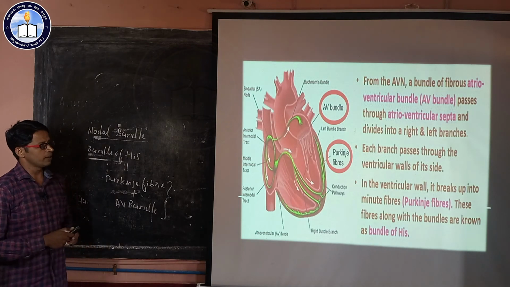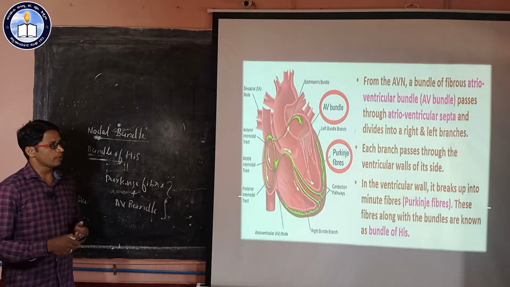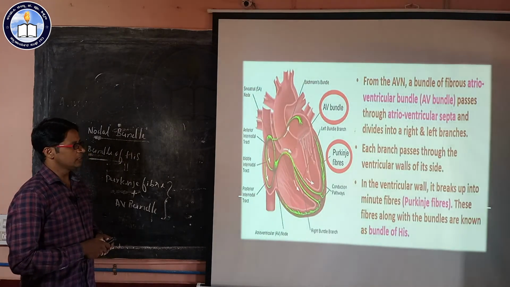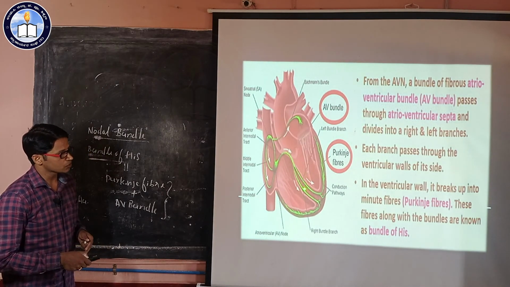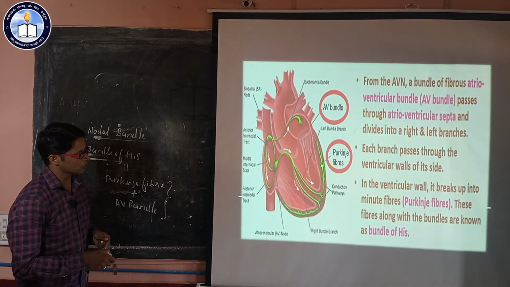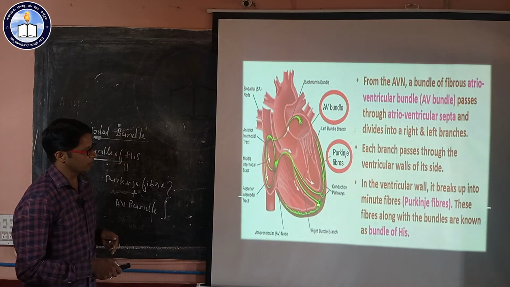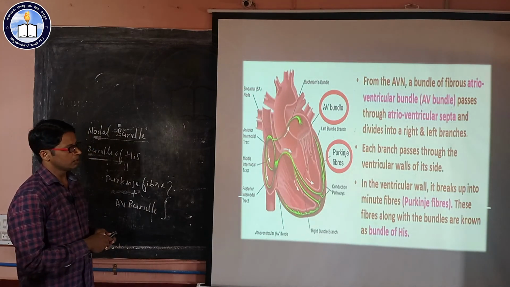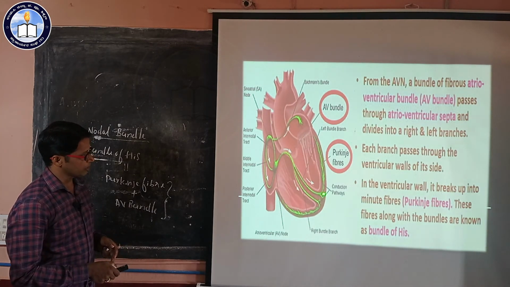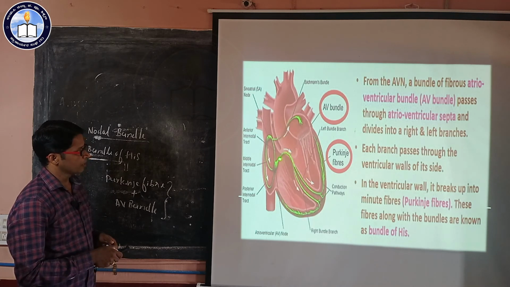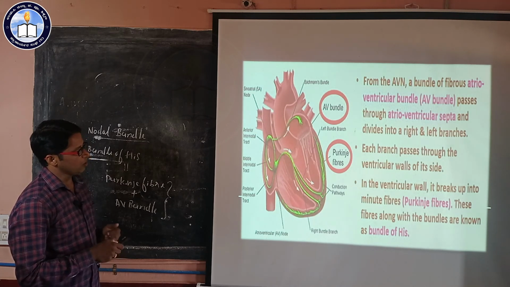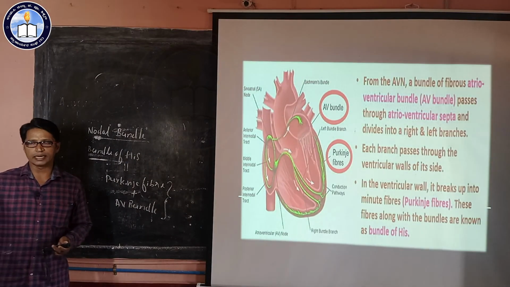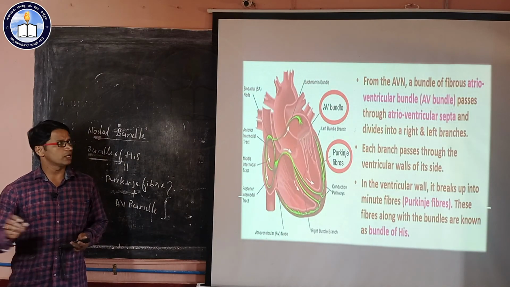Each branch passes through the ventricular wall of its side, and in the ventricular wall it breaks up into minute fiber structures. That structure is called the Purkinje fibers. These Purkinje fibers along with the AV bundle are collectively called the bundle of His.